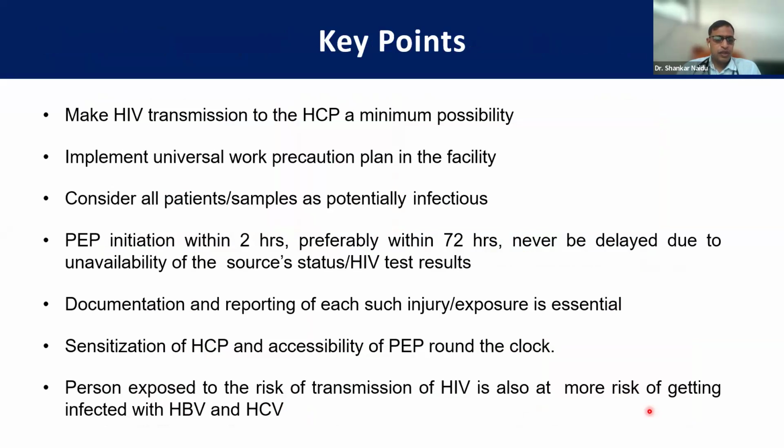PEP initiation within 2 hours has to be ensured, and preferably we have to start within 72 hours, and it should never be delayed due to unavailability of the source status or HIV test result. Documentation and reporting of each such injury or exposure is essential, and sensitization of the healthcare professionals and accessibility of PEP round the clock has to be ensured.